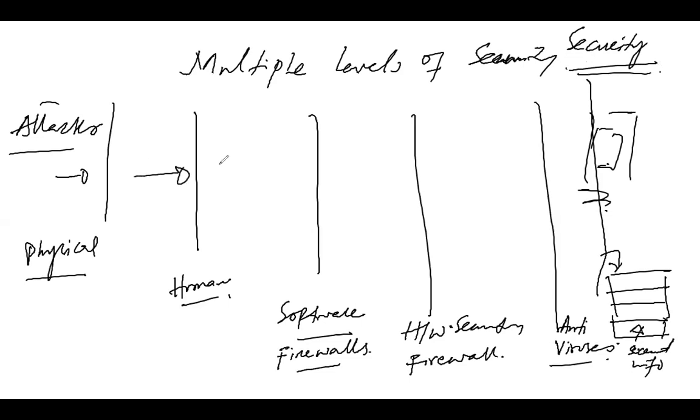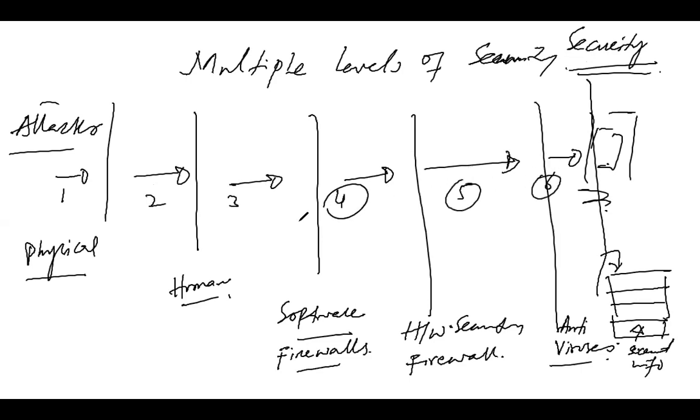So the attacker will be engaged in all those spaces, and look at this: this is 1, 2, 3, 4, 5, 6, and that's why you have enough time to protect your resources as much as you can.